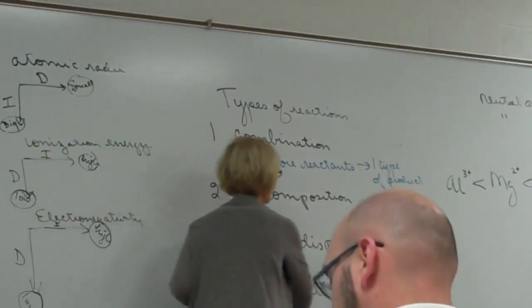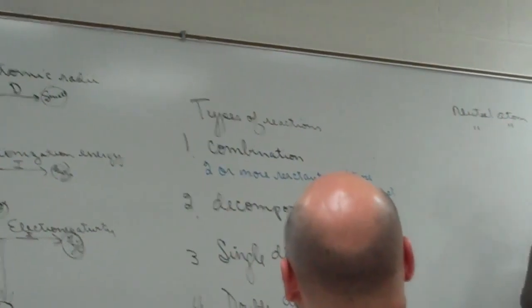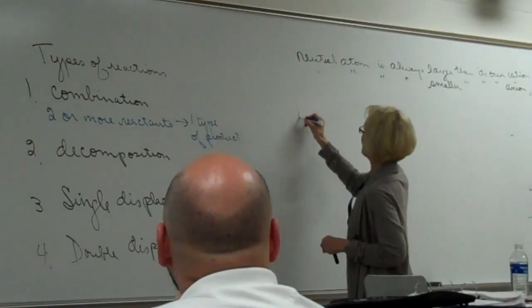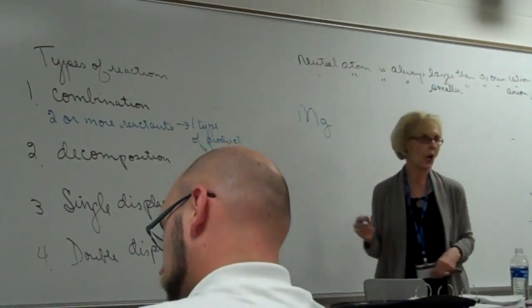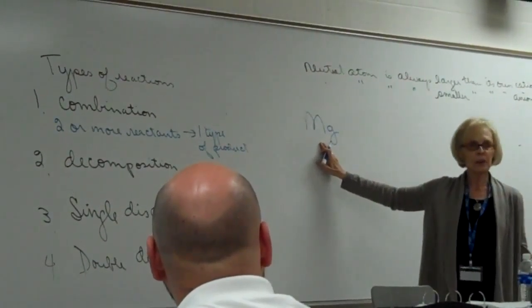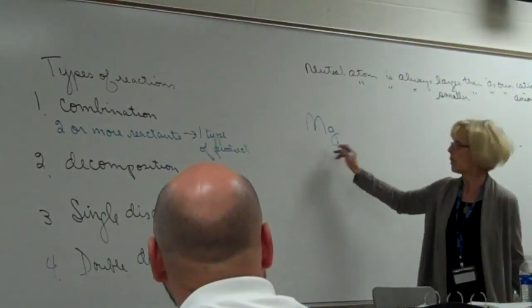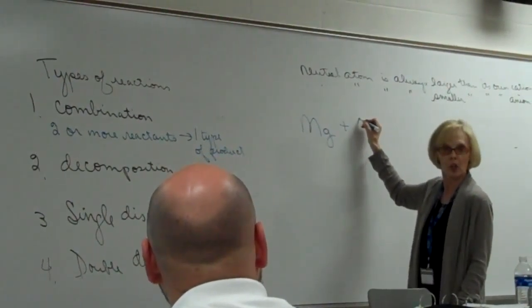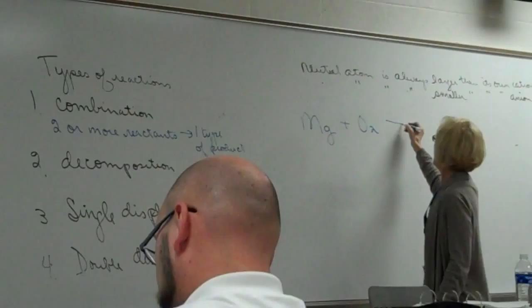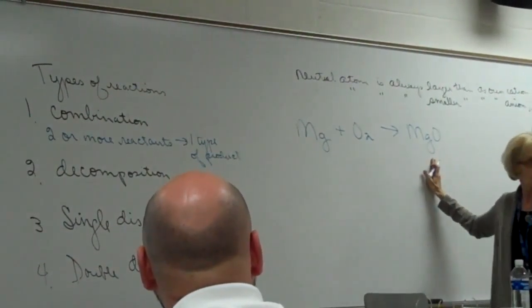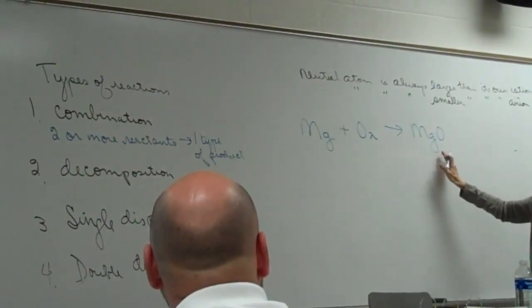You have 2, you could have a half a dozen. And what do you have to do with this type? If I say, like in your lab 9, you took magnesium. Monatomic or diatomic? Monatomic, and you reacted it with oxygen. Monatomic or diatomic? Diatomic. And when they went together, we should have gotten MgO, 1 to 1.